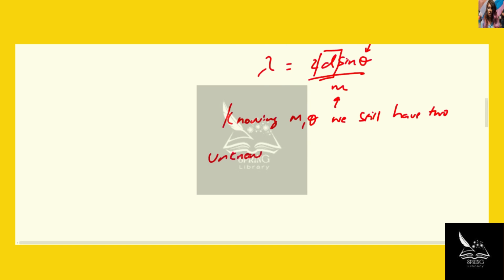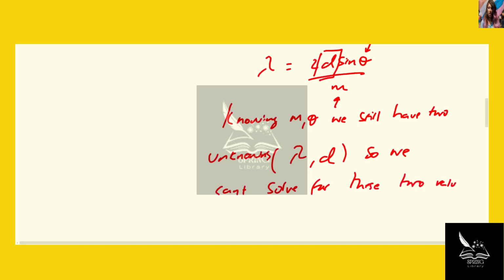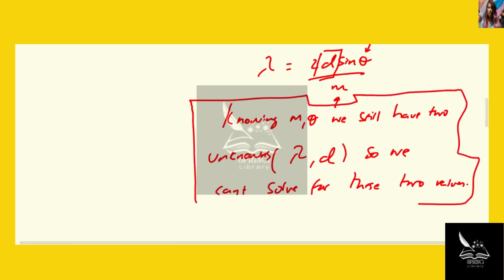And those two unknowns happen to be lambda and d, so we can't solve for these two values. So that's kind of our conclusion in this particular proof.